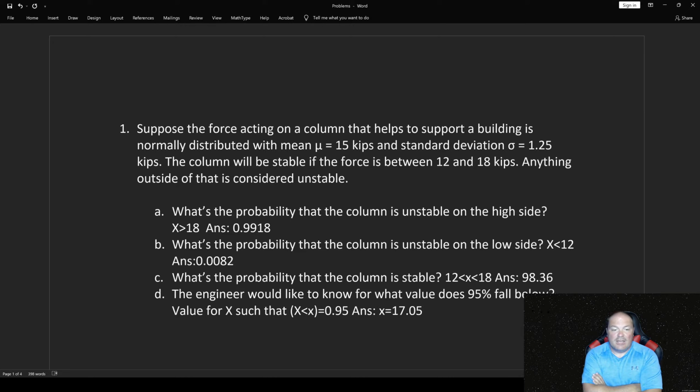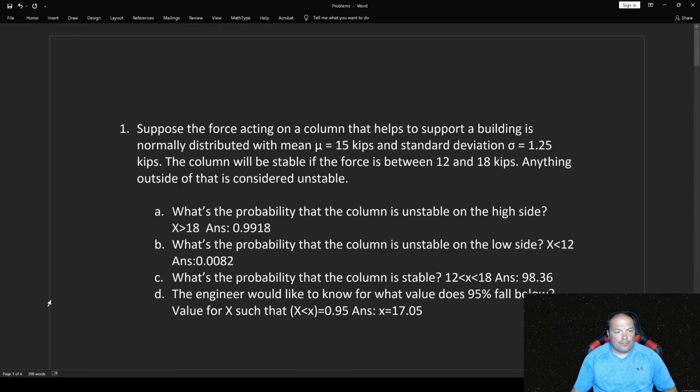For something like that, you can look at the probability that it's greater than 18 and the probability that it's less than 12. That's the probability that it's outside. Or you can look at the probability that it's inside and then subtract it from 1. That kind of thing.